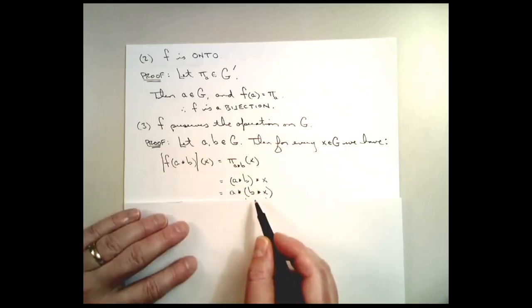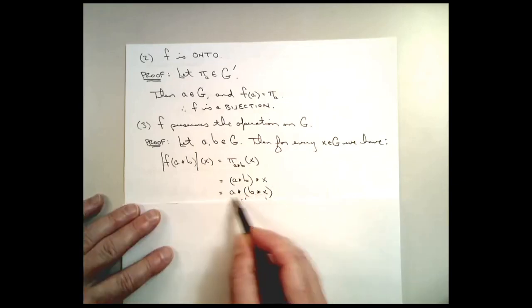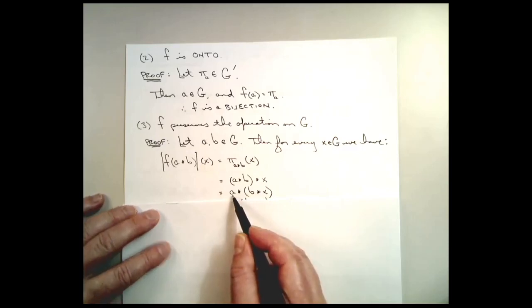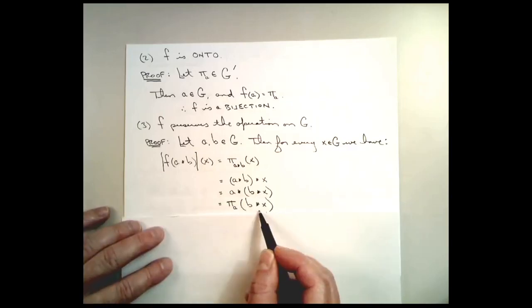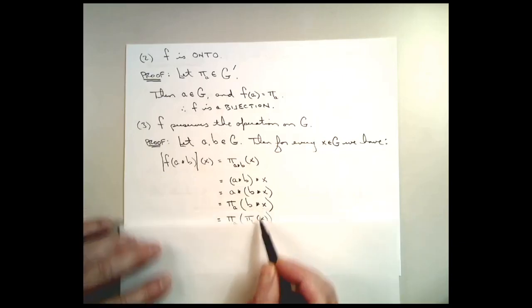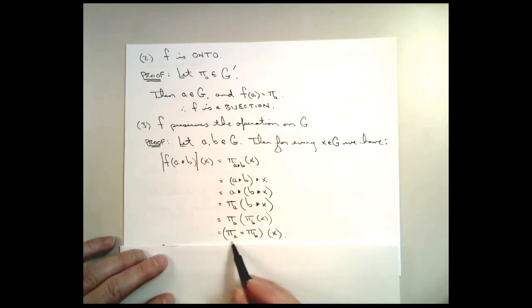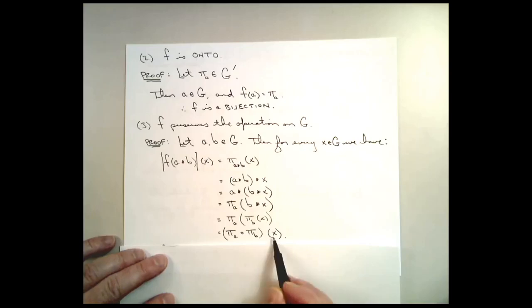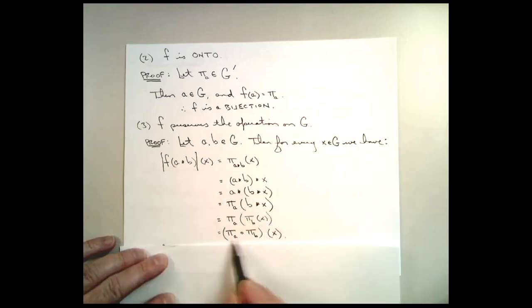And by associativity, that's A star B star X. So this is exactly what pi A does to B star X. And B star X is exactly what pi sub B does to X. And so what I've got is the composition of pi A and pi B applied to X. Right? So it turns out that this function right here is exactly this function right here.